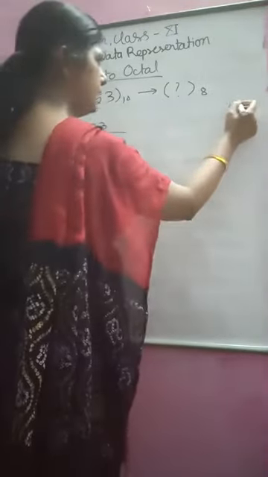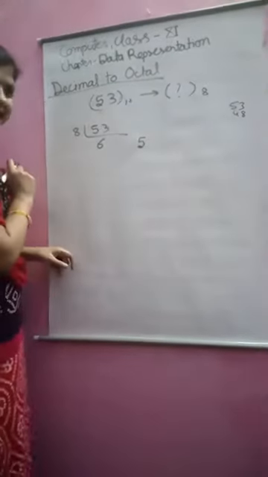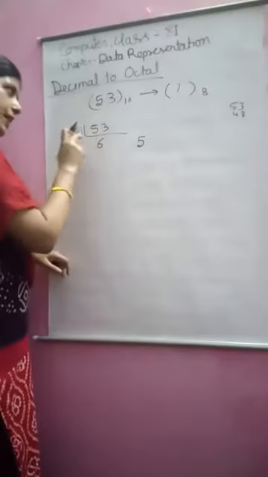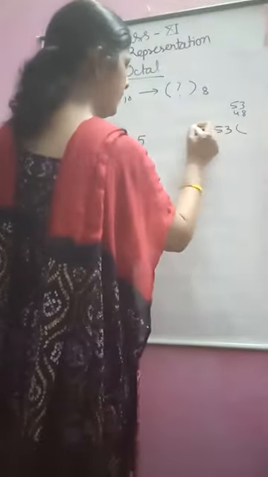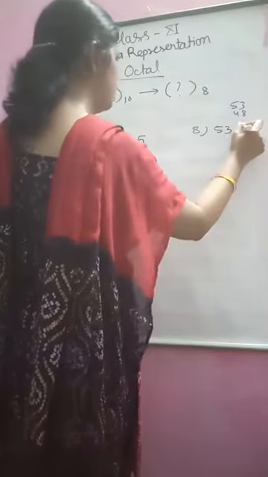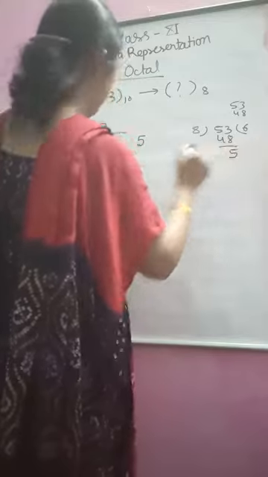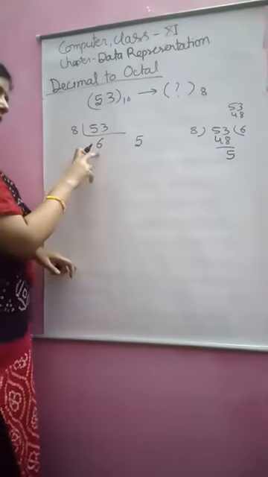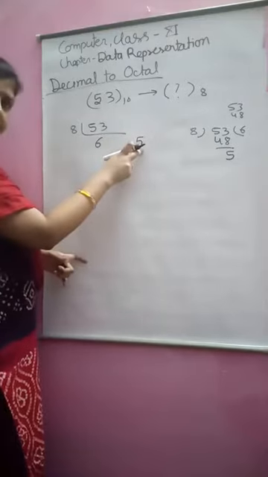And 53 minus 48 is 5, as remainder. When you divide 53 by 8, it will go 6 times and leave a remainder 5, meaning 6 as a quotient and 5 as remainder.